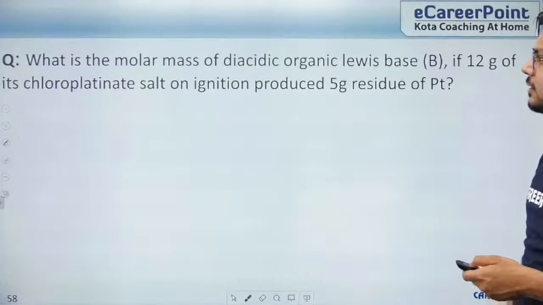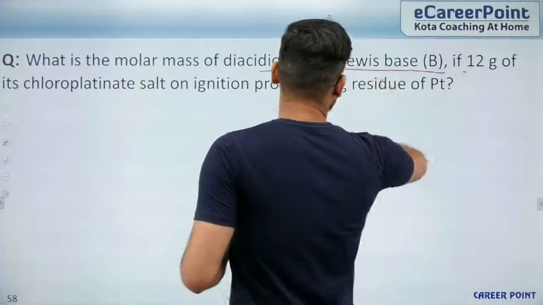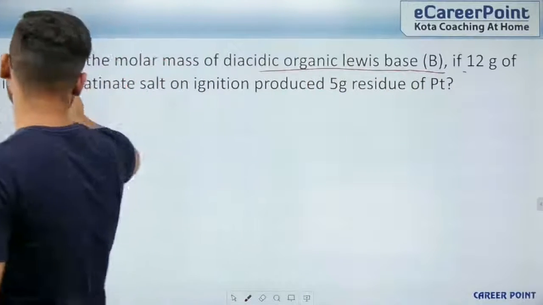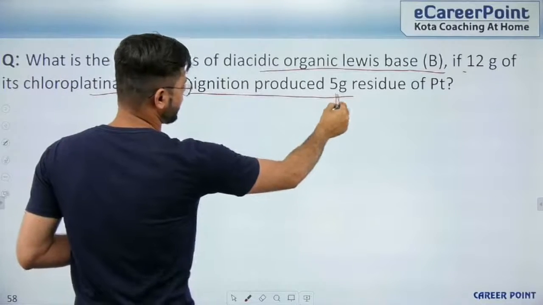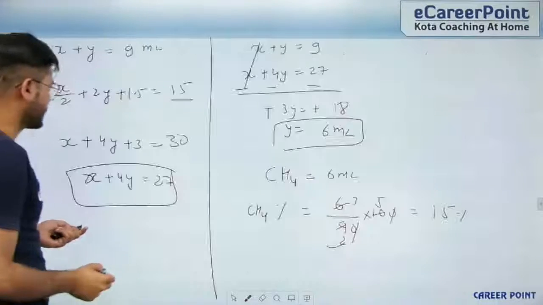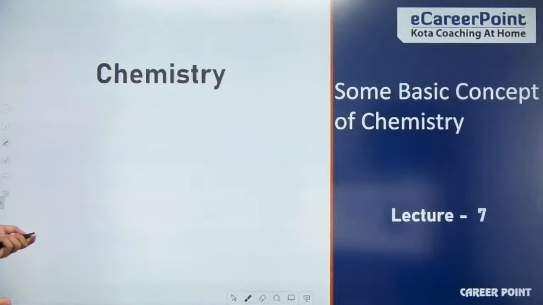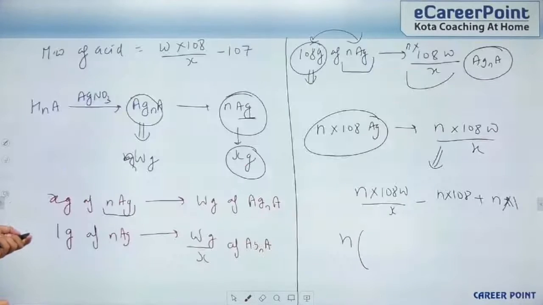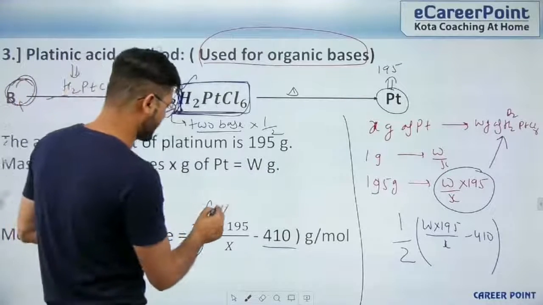Then we have, what is the molar mass of diacidic organic Lewis base B if 12 gram of its chloroplatinate salt on ignition produced 5 gram of platinum? See, this is very simple. You just go here. In case of organic base, you know the W. What is W?